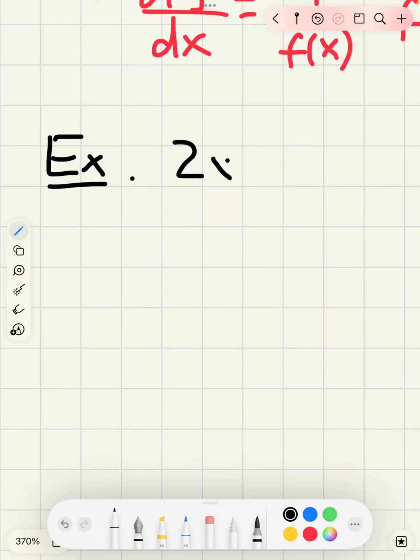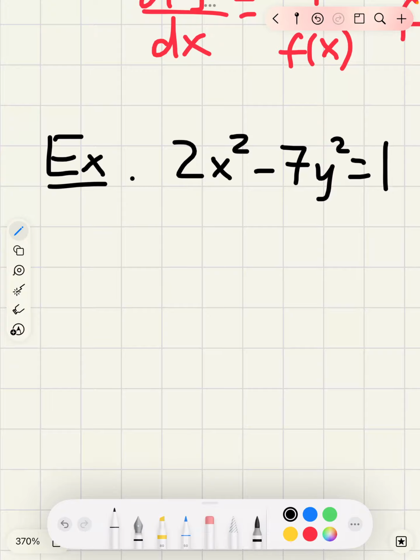But anyway, that relation y is not explicitly defined, meaning it's not in a y equals some function of x form, right? So with the example that I wrote there, we have an equation that relates x and y to each other, but we don't actually have y equals a value.